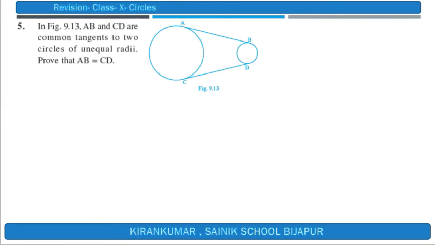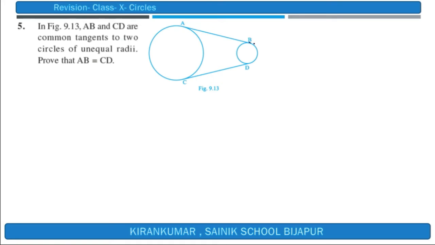Question number 5. In figure 9.13, AB and CD are common tangents to two circles of unequal radii. Prove that the lengths of AB and CD are equal. To prove, let me make a construction.